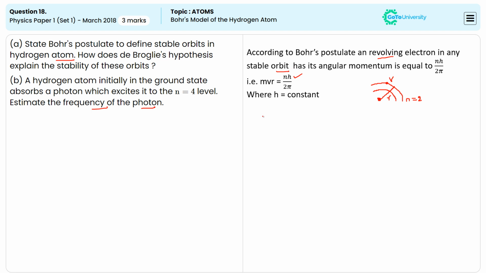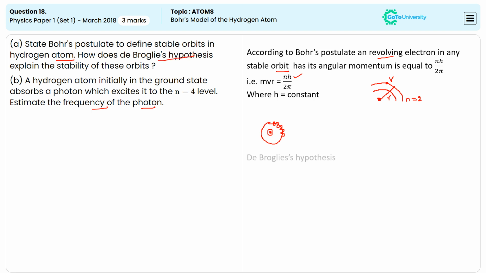Similarly, if the electron revolves around the nucleus in any orbit in a zigzag way, then we can define de Broglie's hypothesis.